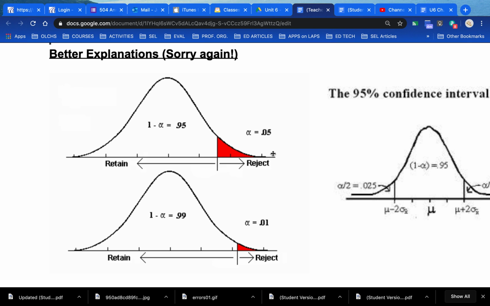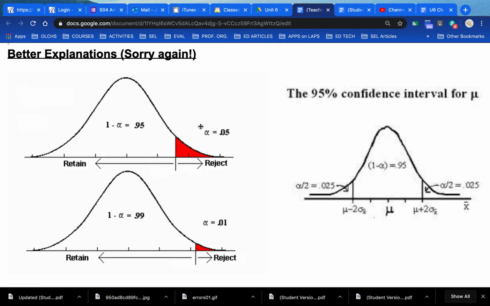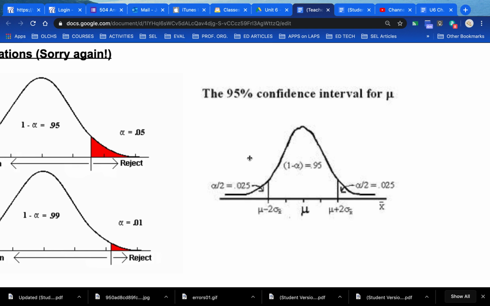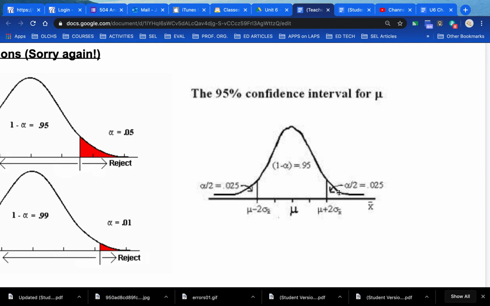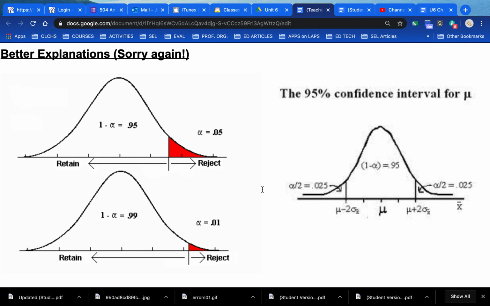That makes sense. If it was two tails, you have to take the 0.05 and split it into two tails as opposed to 1. So that's why you would have 0.025 in both of these if you had the same level of confidence. So again, I apologize. This is accurate. My previous explanation was bad, so I'm sorry about that.